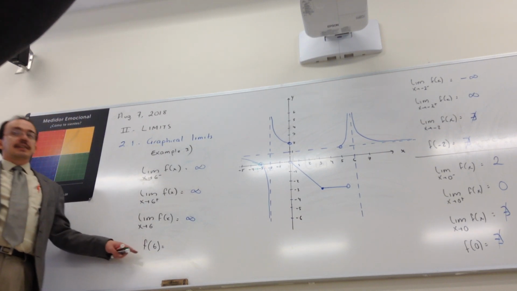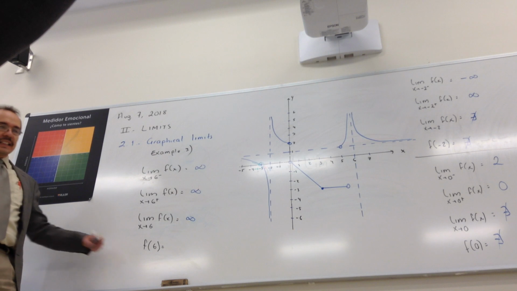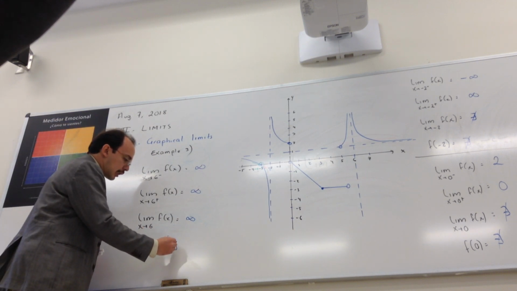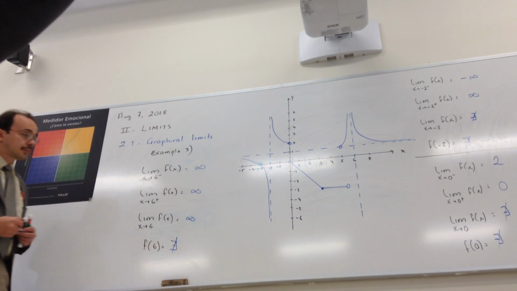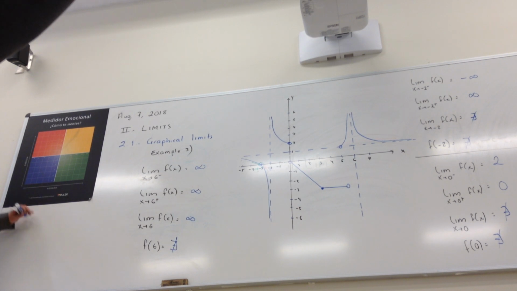Last one, f of 6. There is an asymptote, so it's almost like it's infinity, right?